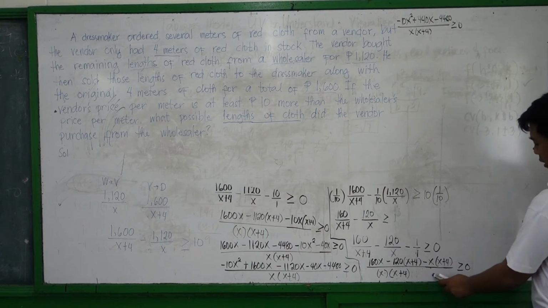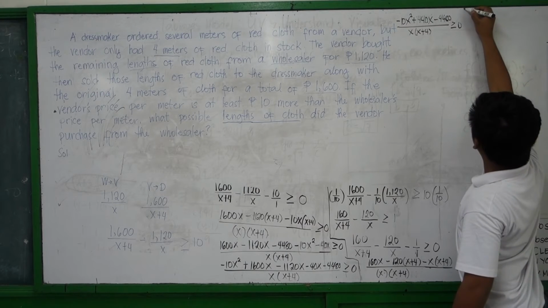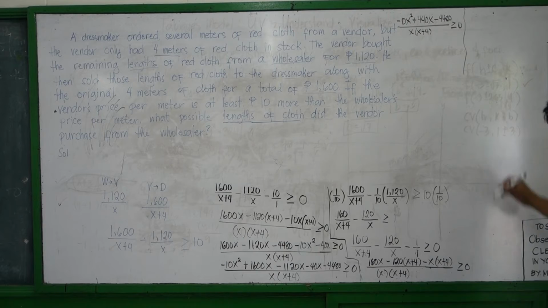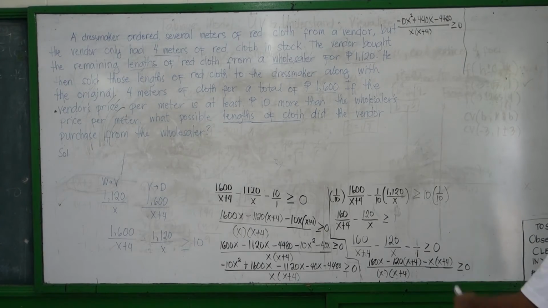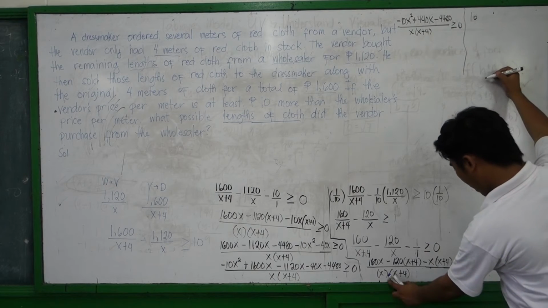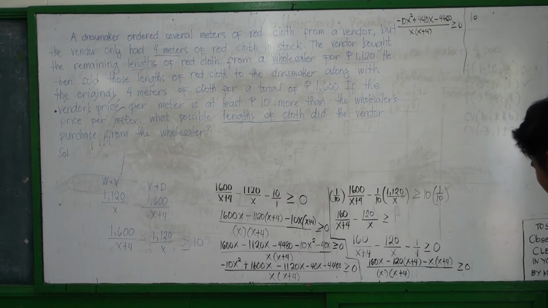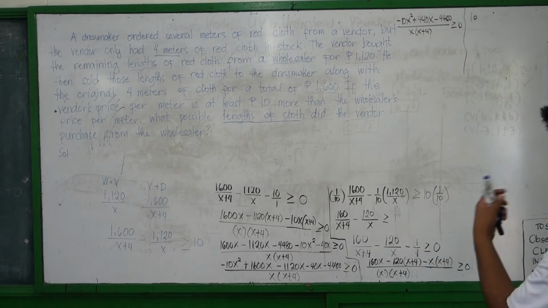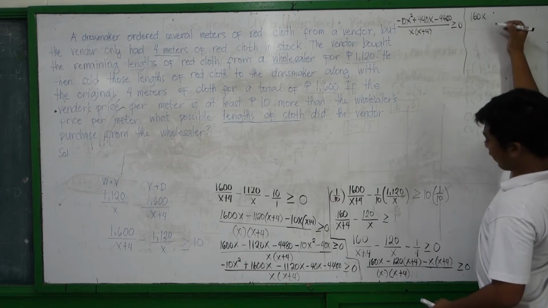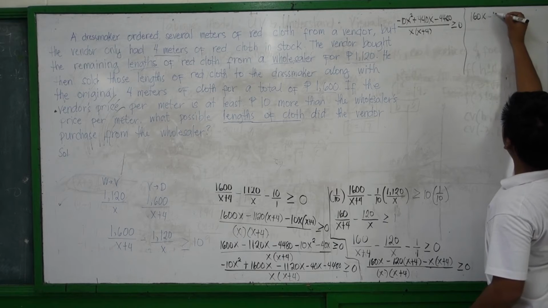Here, this is 160. Okay, let's simplify this. So, 160x minus 120.